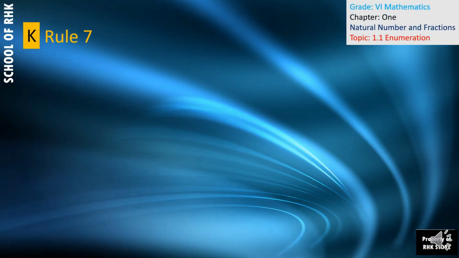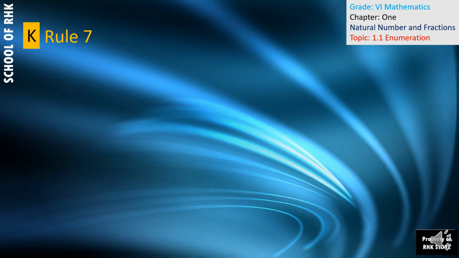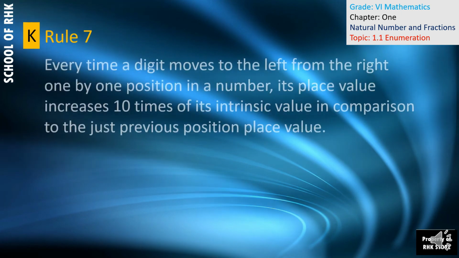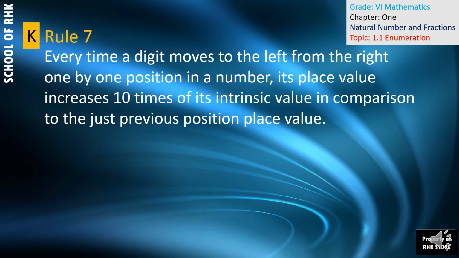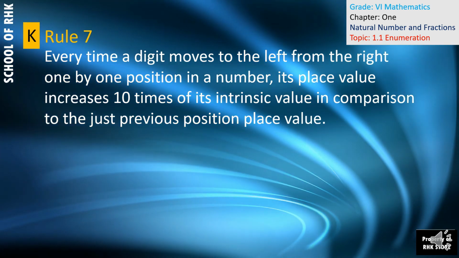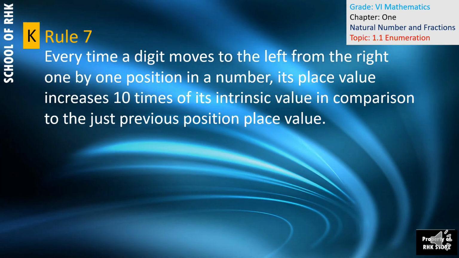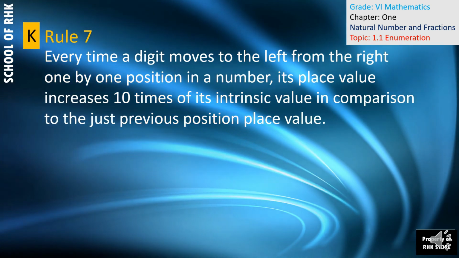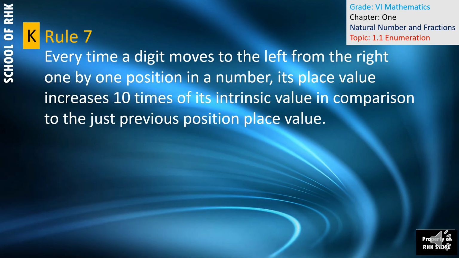Rule number 7 in the 10-based or decimal system, or the system of multiples of 10 number system, is: when a digit moves to the left from the right one by one position in a number, its place value increases 10 times of its intrinsic value in comparison to the just previous position place value.